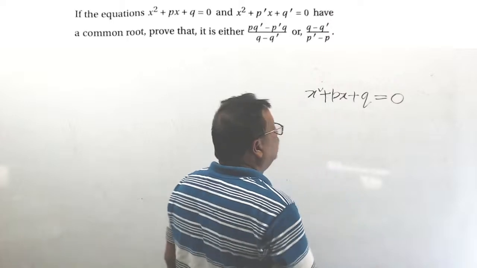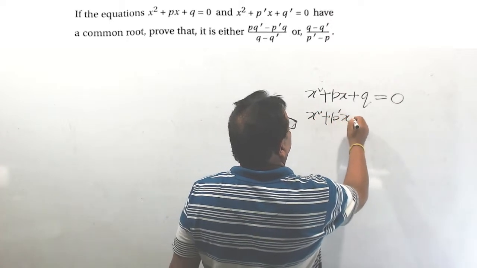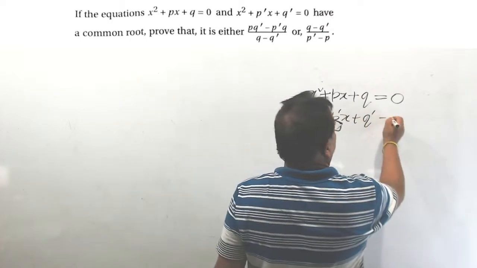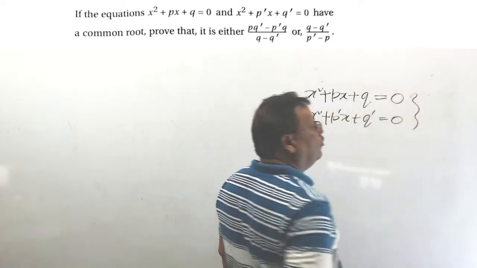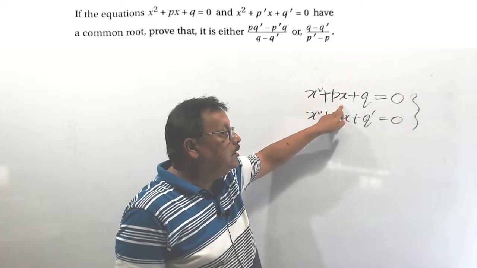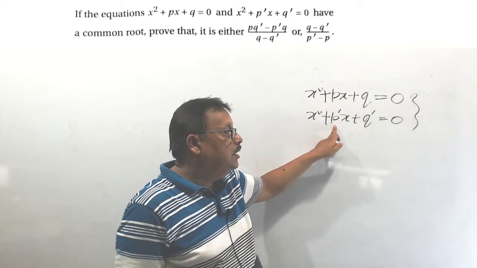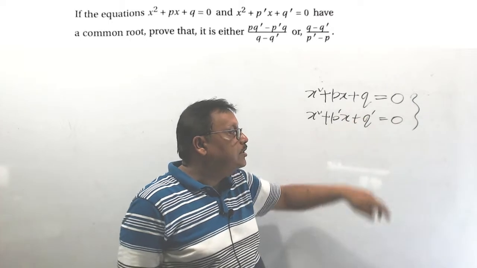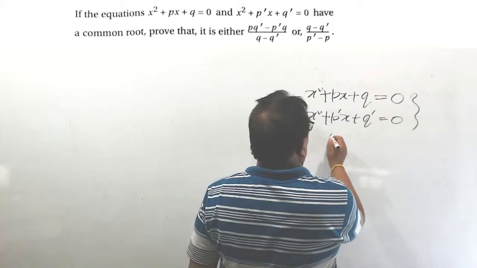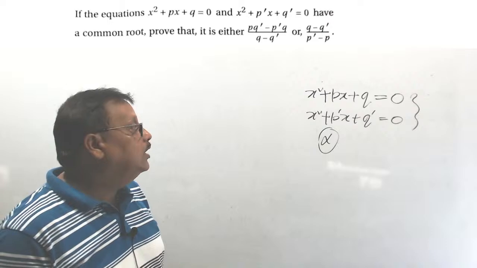What is the second one? x square plus p dash x plus q dash is equal to 0. These both have a common root. Again you check. Both have a common root, say alpha. Let alpha be the common root for the two equations.